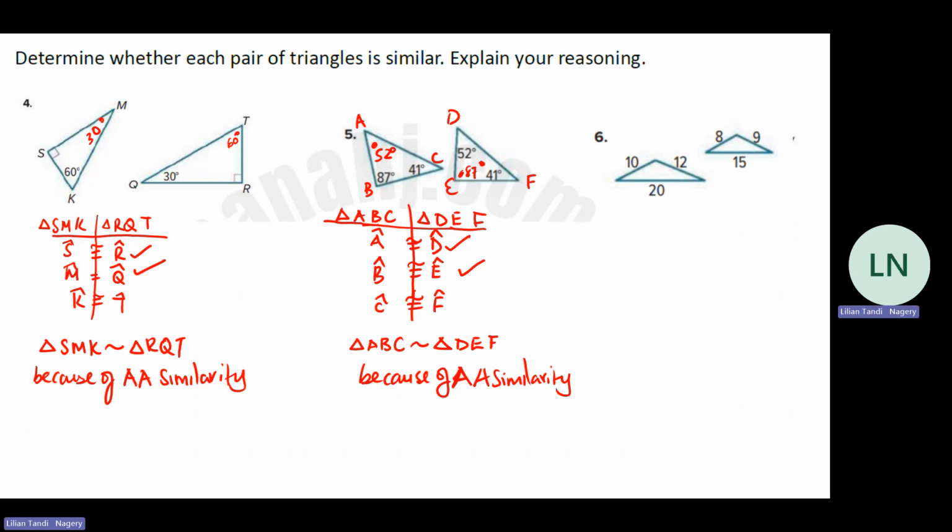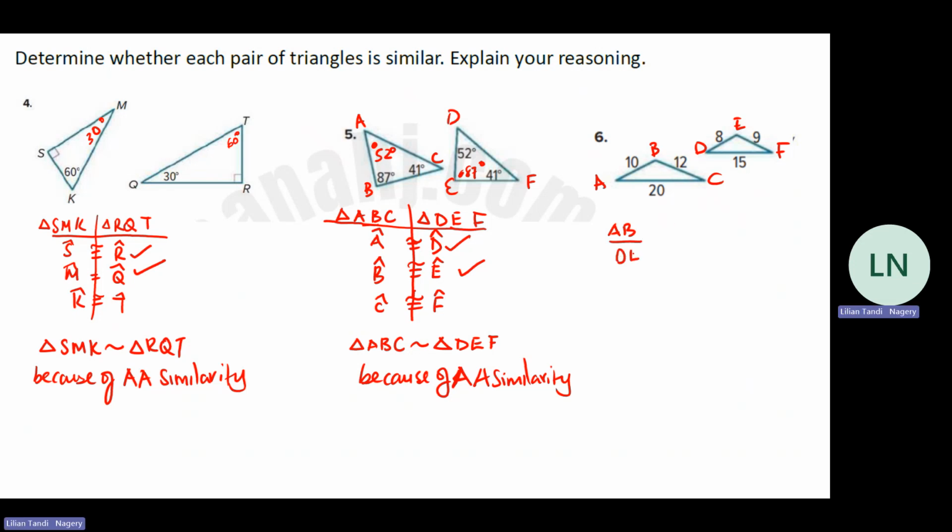Okay, now since they didn't give us angles, they gave us sides. Another way of checking if triangles are similar is you must find the corresponding sides to be proportional. Okay, so if we look here, I told you if I don't have vertices, I will label A, B, C, D, E, F. So you can say AB is friends with DE.